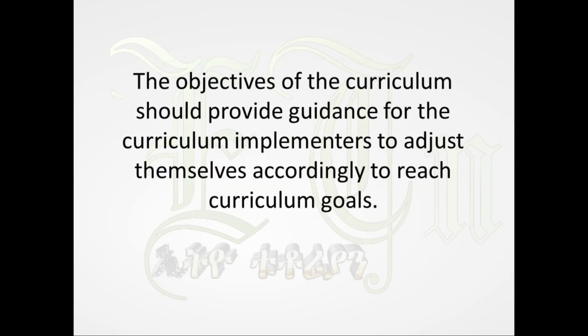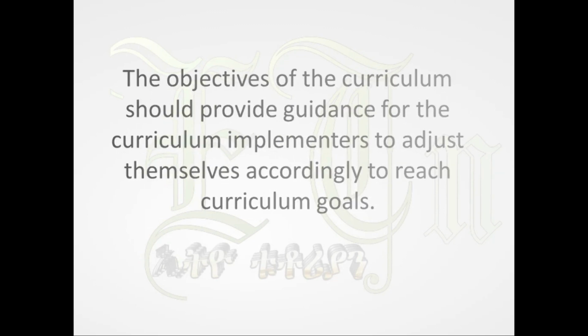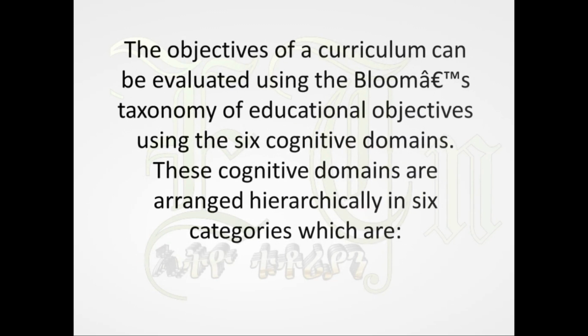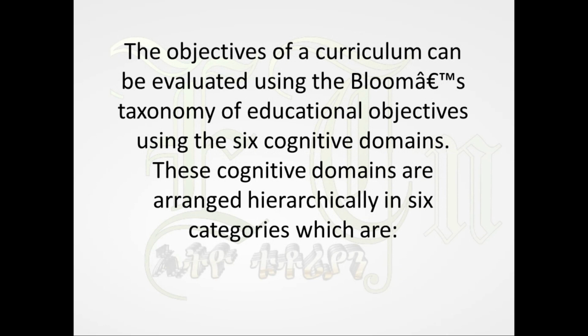The objectives of the curriculum should provide guidance for the curriculum implementers to adjust themselves accordingly to reach curriculum goals. The objectives of a curriculum can be evaluated using Bloom's taxonomy of educational objectives using the 6 cognitive domains.